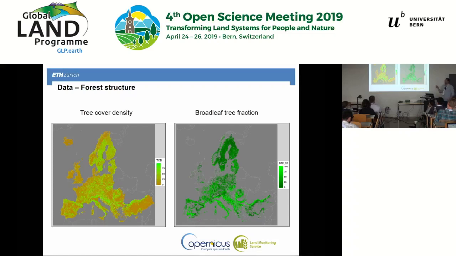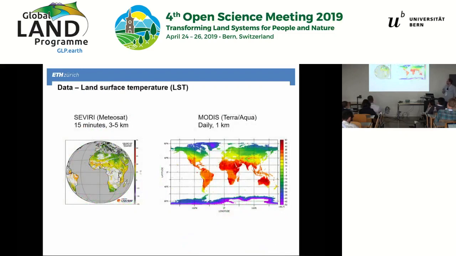Now I'm linking this data to land surface temperature data. Here I'm using data from the SEVIRI sensor, on board Meteosat, a geostationary satellite, so I have quite high temporal resolution but a lower spatial resolution. I'm also using land surface temperature data from MODIS.